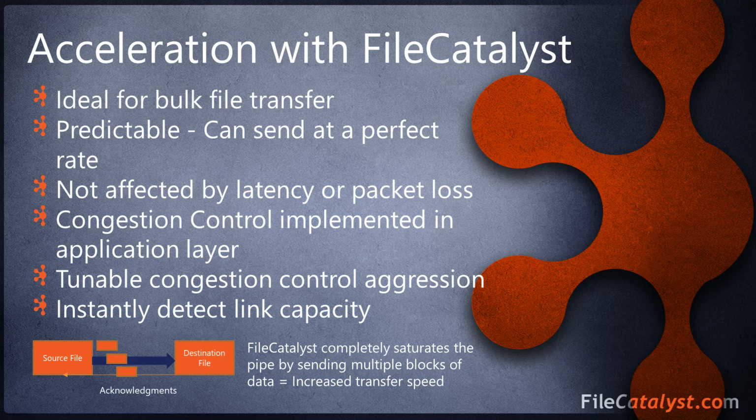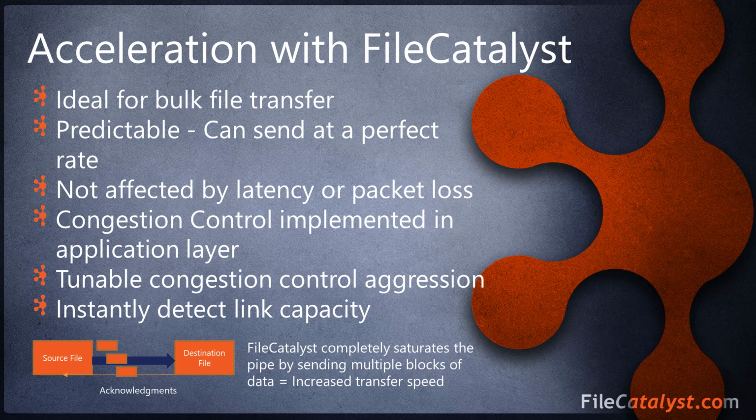So that drastically reduces RTT in itself by being able to send much more data and not have to wait for acknowledgements. And this is ideal for bulk file transfers, like large data sets or archives of old assets you've used for previous projects that you need to use in the future. Any bulk transfers, this is a perfect solution for that.